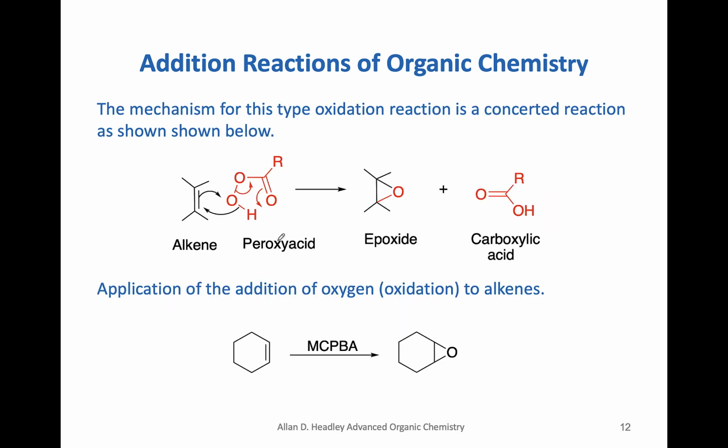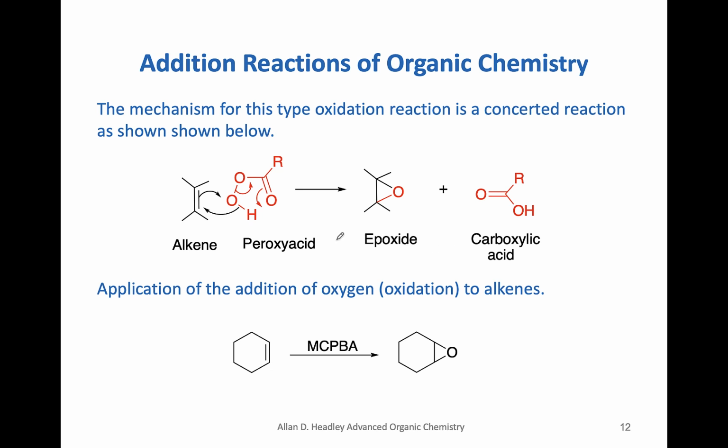So here is the peroxy acid, or here could be the metachlorobenzyl phenyl region, but let's write it like this. So you can see here that these electrons can come here to form a bond. This goes on to oxygen, then this bond breaks to form over here, and this picks this up as the carboxylic acid.